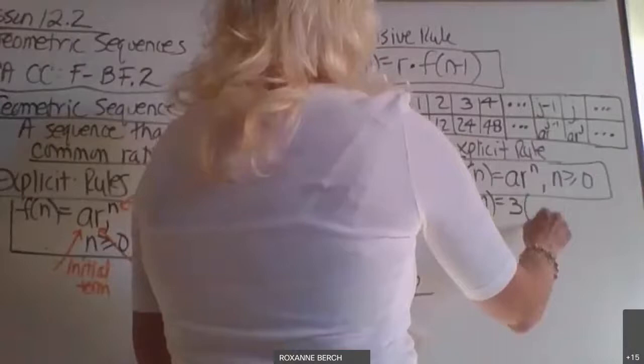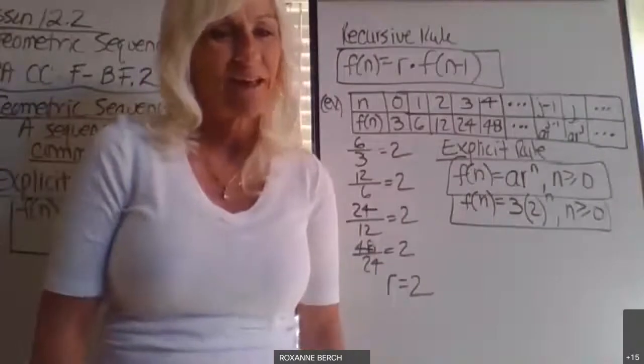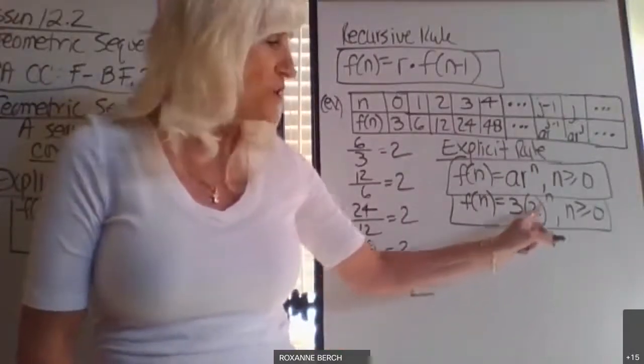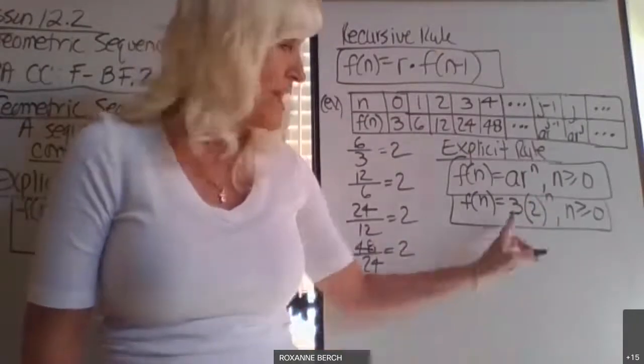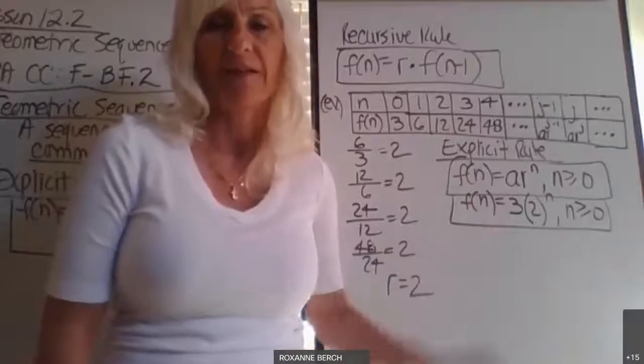Now, let me change this to 6, and you can't multiply before you evaluate an exponent. So you have to follow the order of operations. So you see that 2 to the n? You cannot multiply the 3 and the 2. It has to be left like that.